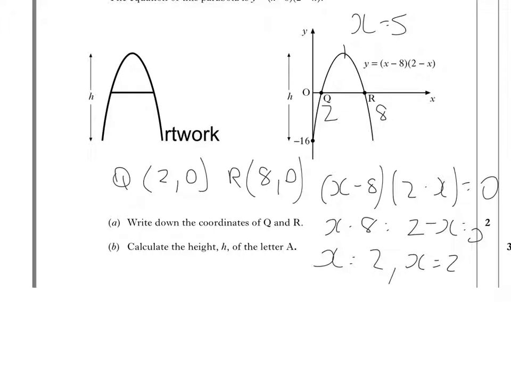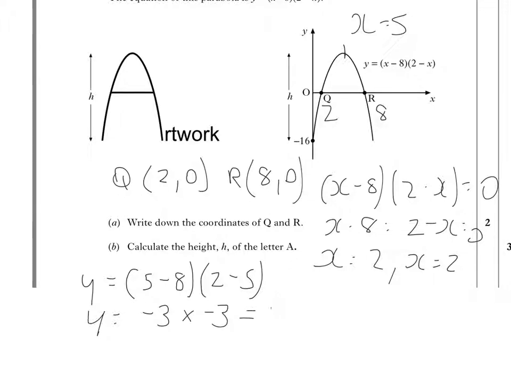Now the height's given by y, so all we need to do to find the y coordinate here is to sub x equals 5 into the equation. Where I see x, I'm going to replace it with 5. So the first bracket is going to be 5 minus 8, and the second bracket is going to be 2 minus 5. 5 minus 8 is minus 3, multiplied by 2 minus 5 is minus 3 again.